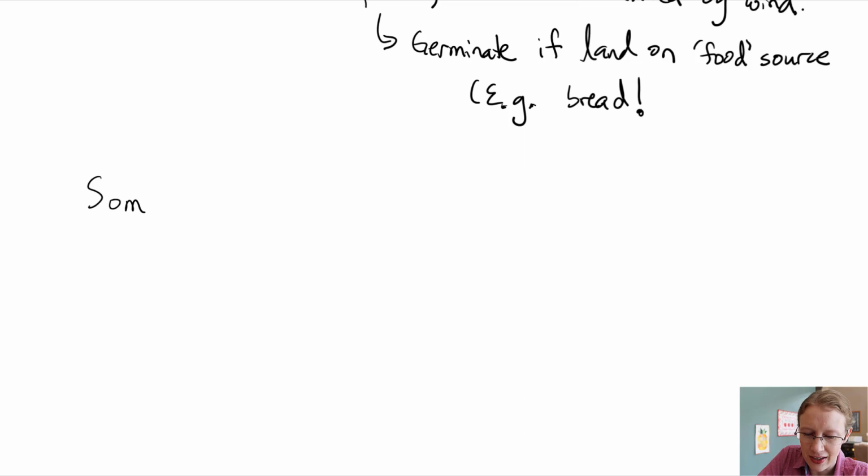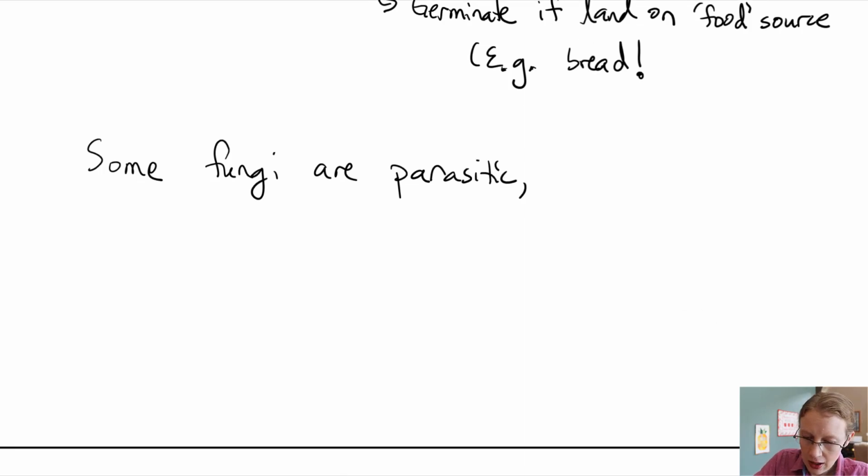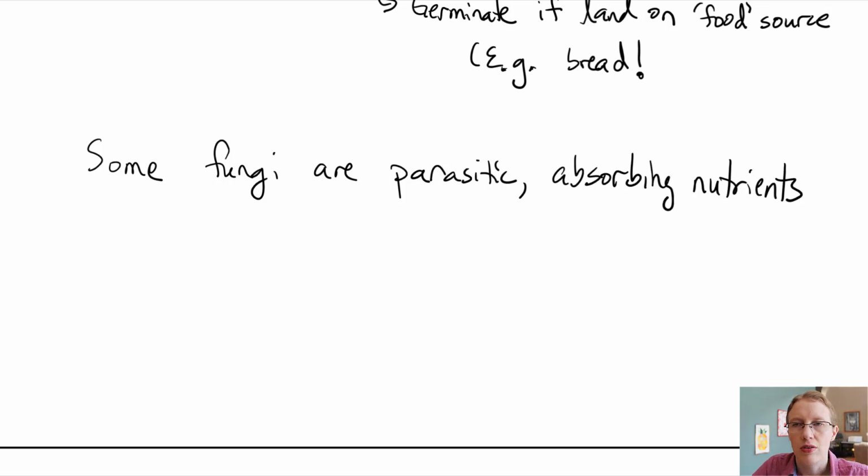So some fungi are parasitic, meaning that they absorb their nutrients. Instead of absorbing from dead material, they absorb from living material. That's what makes them parasitic.